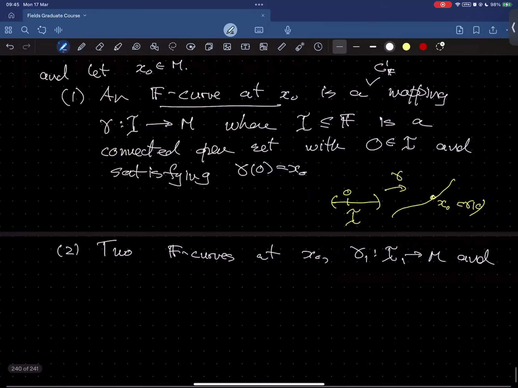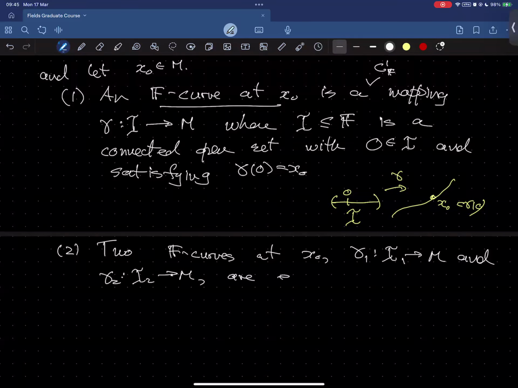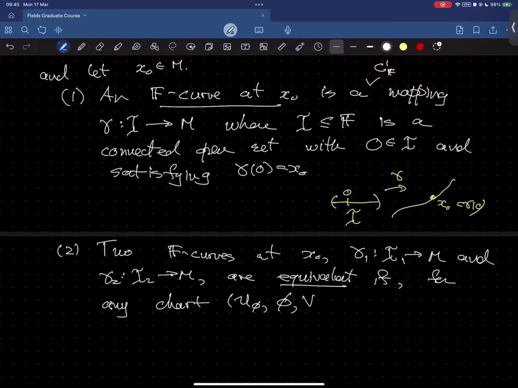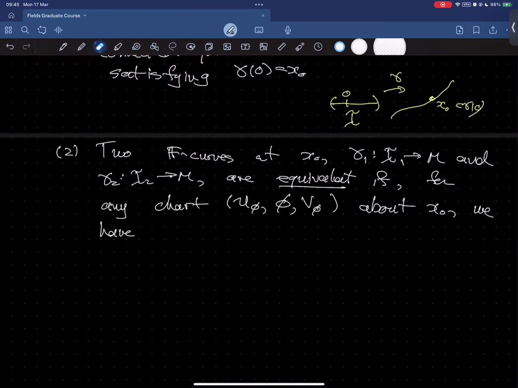So I have two of these curves, gamma 1 and gamma 2. They are equivalent if, for any chart U phi, V phi about x naught, we have, so phi composed with gamma 1.